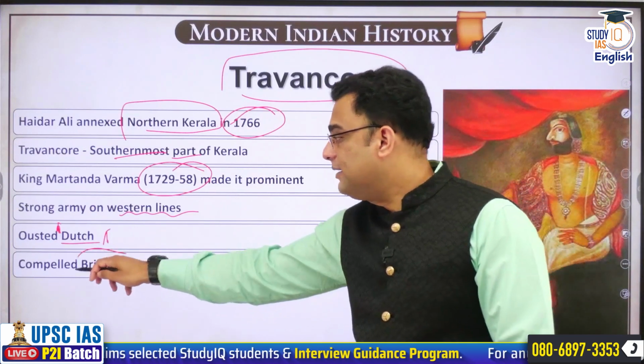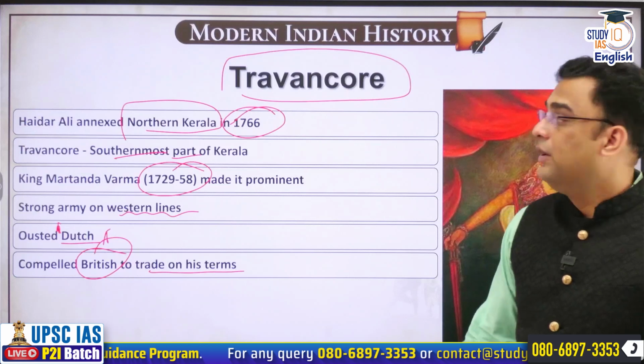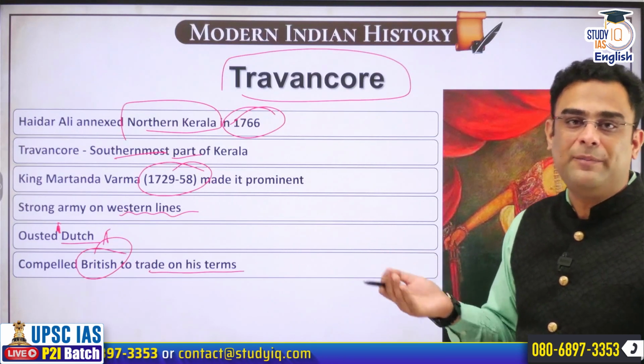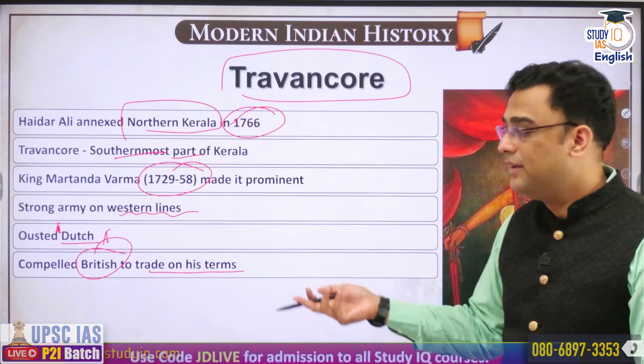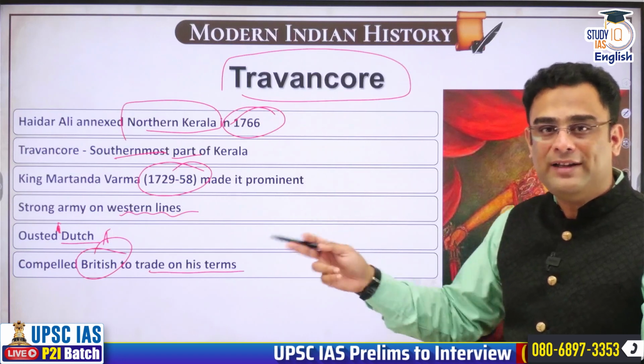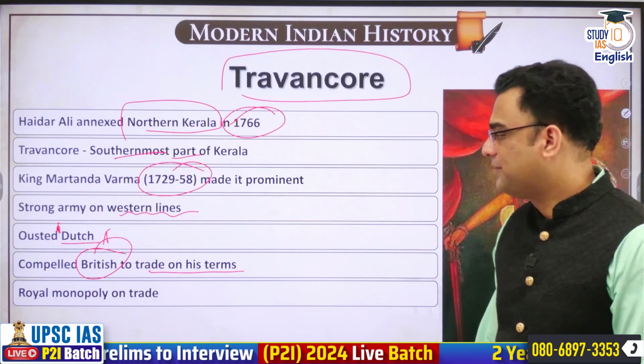He also compelled the Britishers during his time to trade on his terms. This is the period, guys, where we are seeing the rise of the East India Company slowly. And during that period, not one but 2 European companies were put in their place by the state of Travancore, which is a very significant achievement.